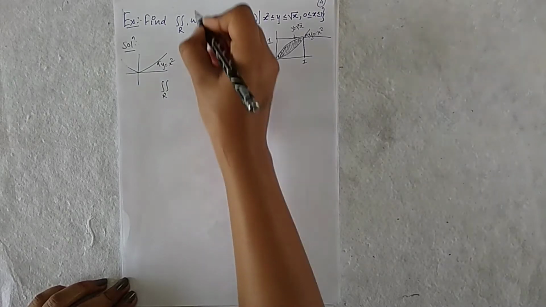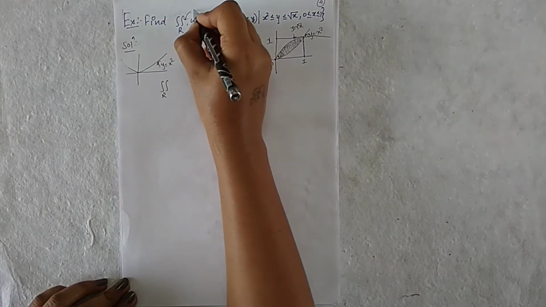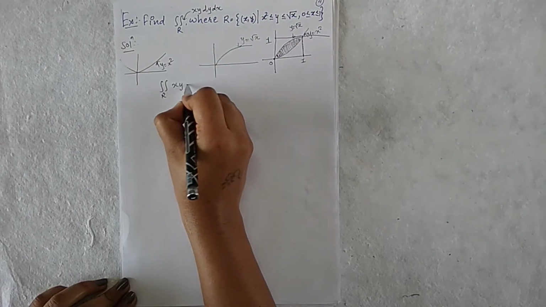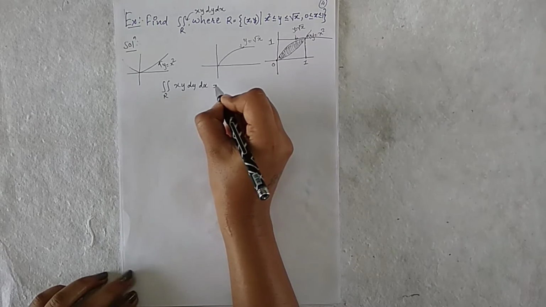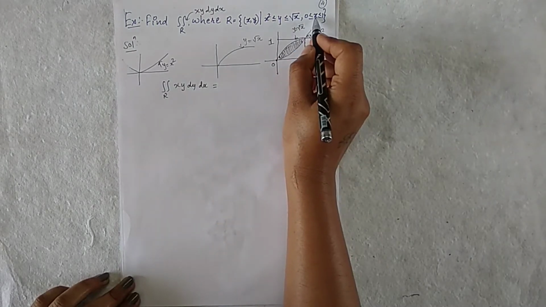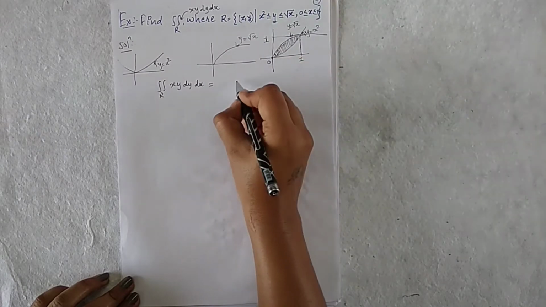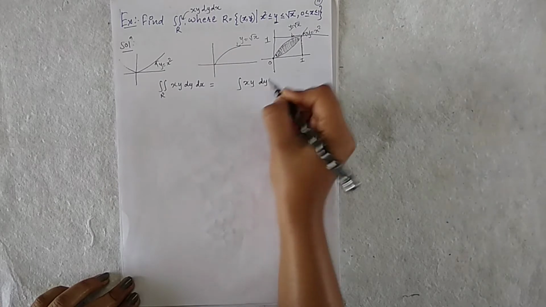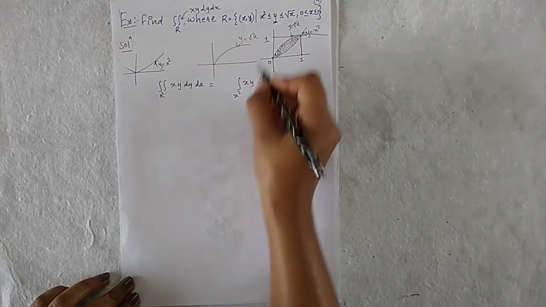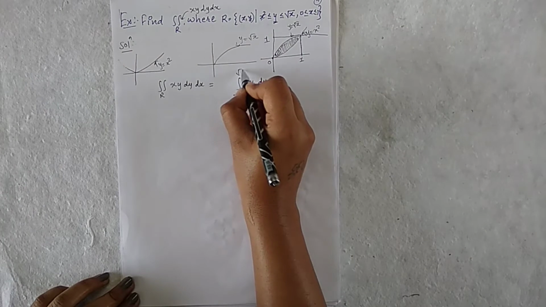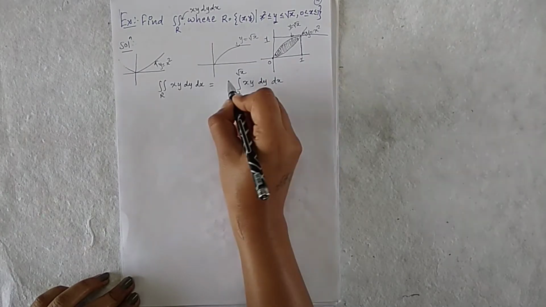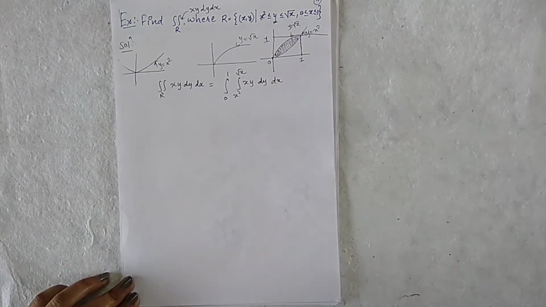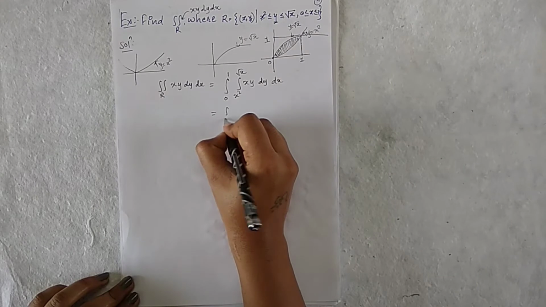So the double integration over R of xy dy dx. Sorry, I forgot to write xy dy dx earlier. First we put the limit of y: the integral of xy dy, with the limit of y from x square to square root of x, and then the limit of x from 0 to 1.